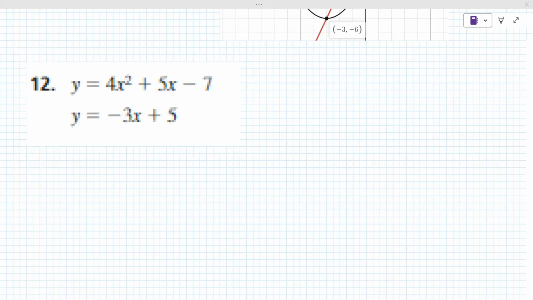I got two solutions for that one as well. Yep. So you've seen the possibilities. You can either have none, one, or two. That's it. There's no other possibilities besides that.